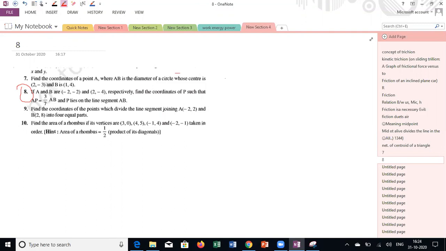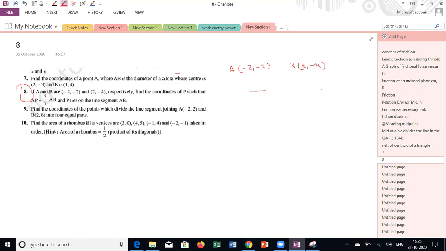A and B are some given points. Find the point P such that AP is equal to 3 by 7 of AB. So draw the diagram. A is -2 comma -2. This is one kind of exam point of view question. B is 2 comma -4.